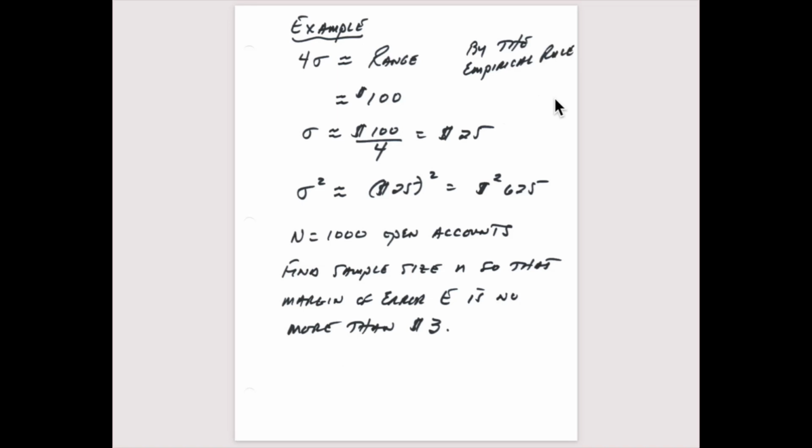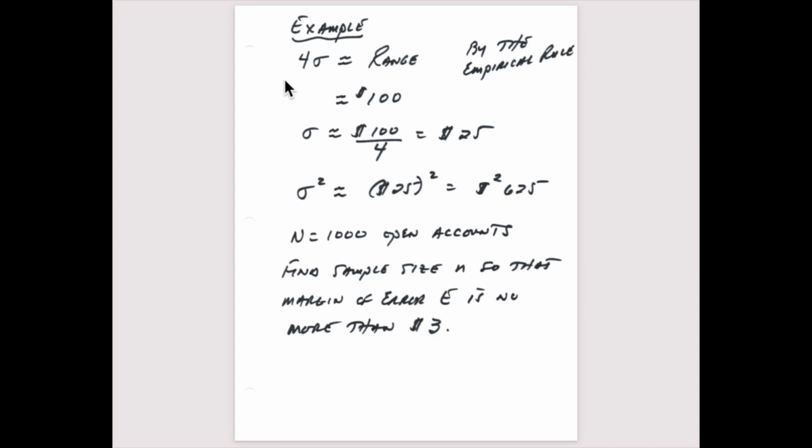Now we're going to take that and combine it with the statement that said that most of the accounts lie within $100 of the population mean, whatever that population mean happens to be. And so combining those 2 pieces of information, that would imply that 4 times the population standard deviation is approximately equal to the range of values taken on by the accounts receivable values, and that range was approximated to be $100.